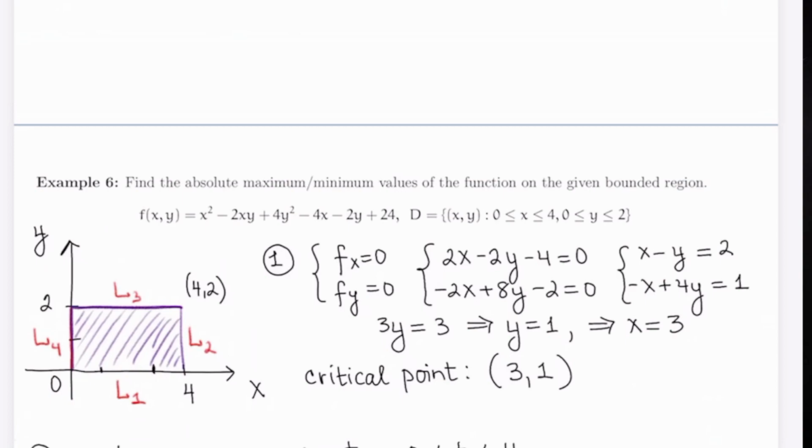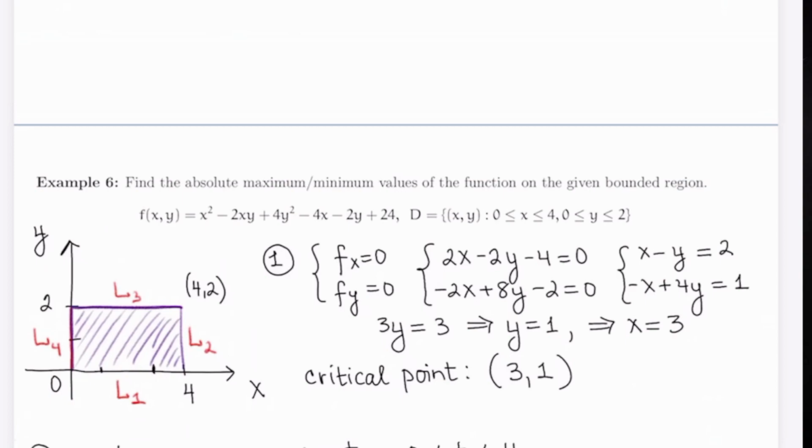The first part is the same as before. We compute the partials of our function, set them equal to 0, and solve this linear system, finding critical points, and we're going to see if these points are inside the region.